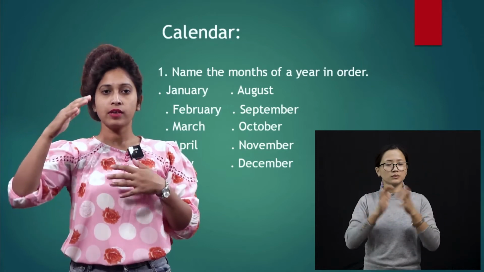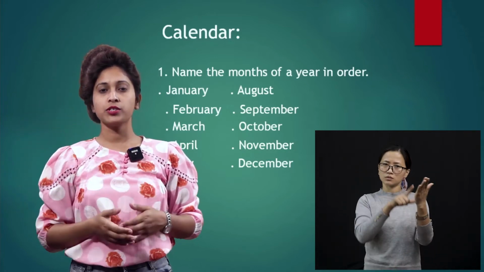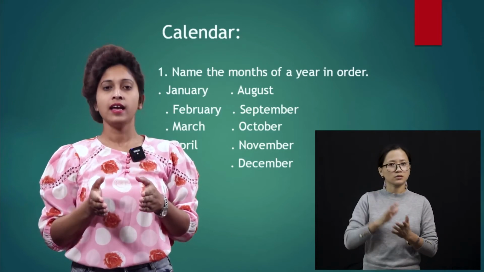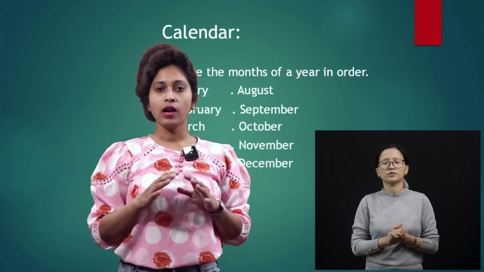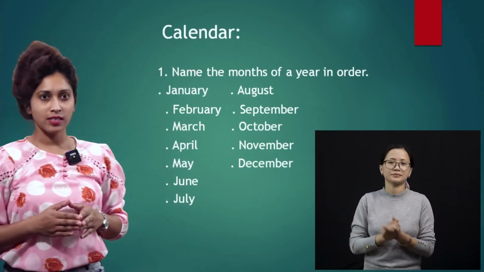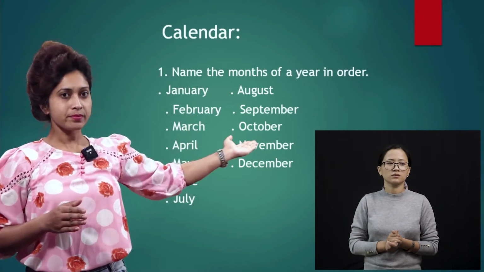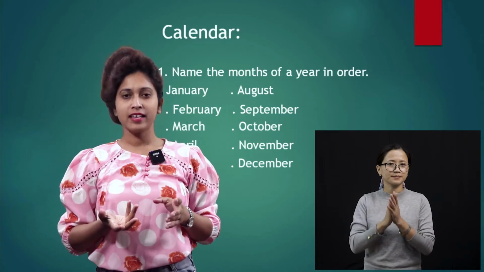All those holiday lists, where do you get them, children? You get them in the calendar, right? And even your birth date, you all have different birth dates, right, children? So those birth dates can also be seen where? It can be seen in the calendar, right?